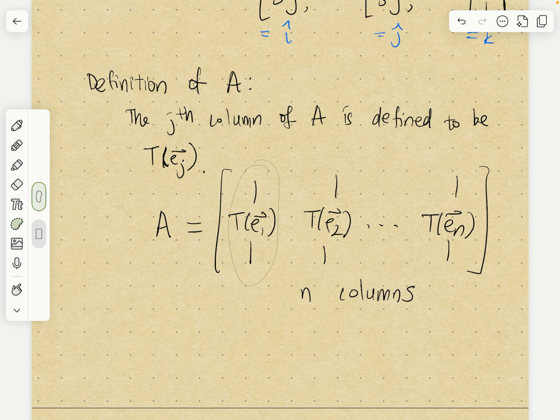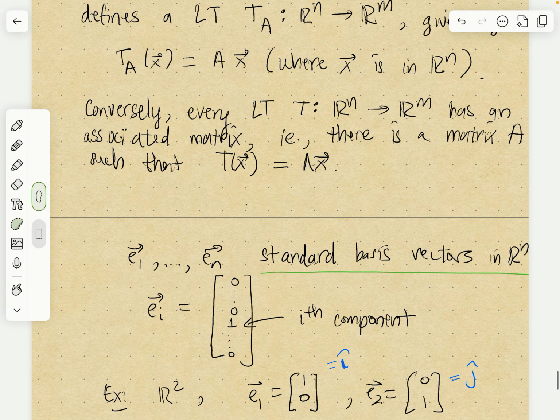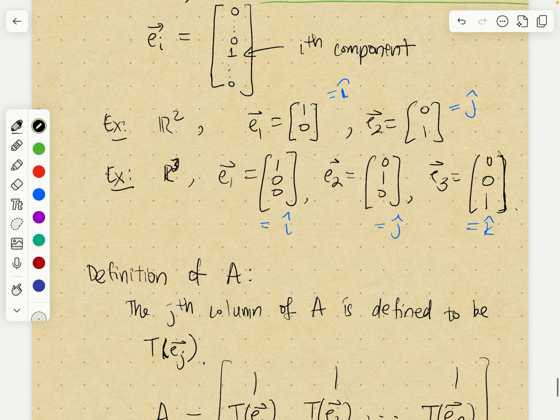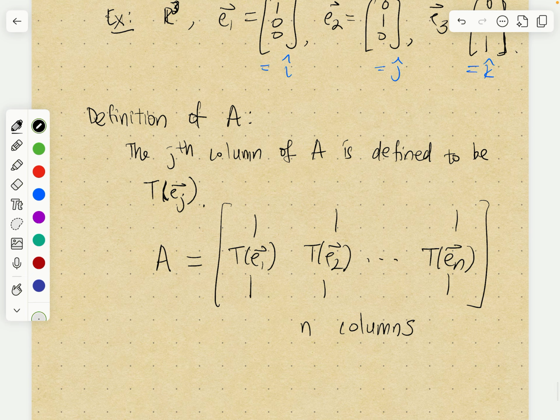That's the same as how many components each of these columns has. We have a linear transformation T from Rn to Rm, so the T of E sub j's are the outputs, and they're going to be vectors in Rm. And so, in fact, A does have m rows.